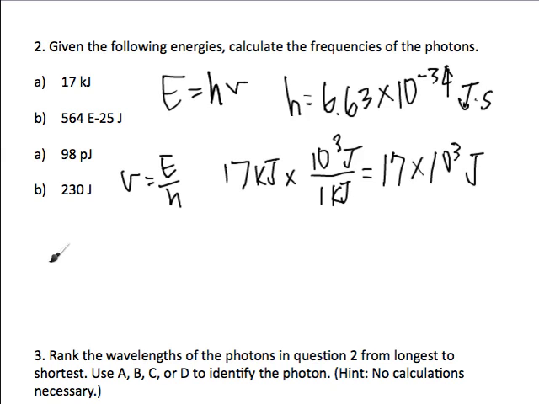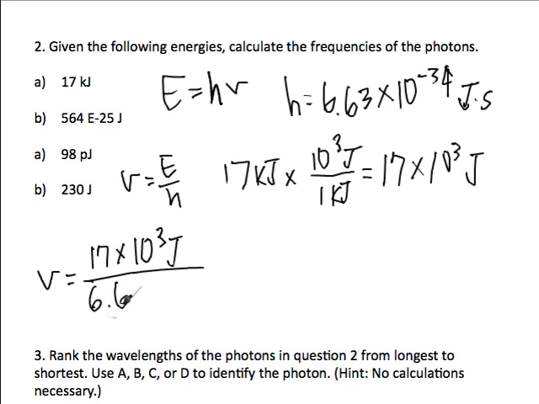So to calculate the frequency, we can just do E, which is 17 times 10 to the 3 joules, divided by Planck's constant, 6.63 times 10 to the negative 34 joules times seconds. So the joules can be crossed out.